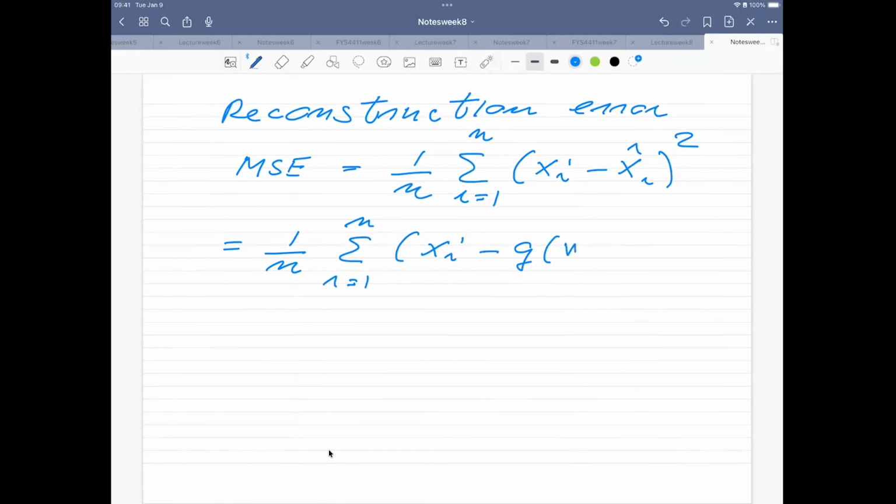So it's going to contain these parameters WD. And it's also going to be a function which depends on this variable here, x of i. And this contains now the encoder part, like this. This is the function we want to optimize. So the optimization now is with respect to these parameters WD and WE.